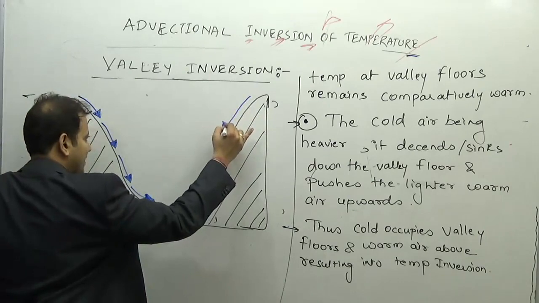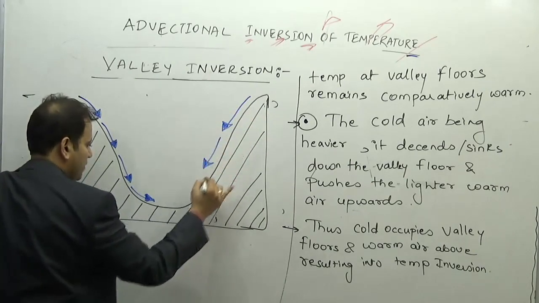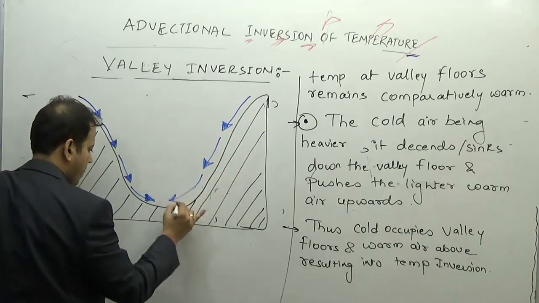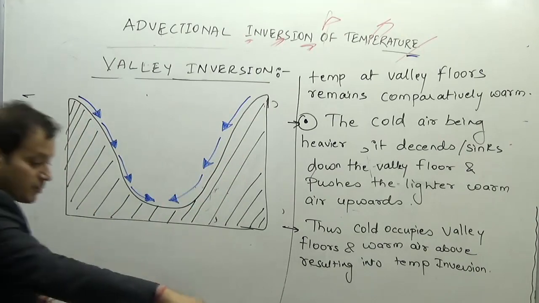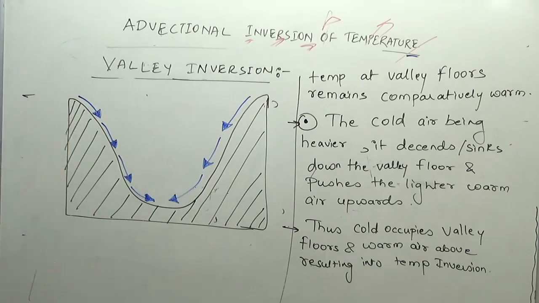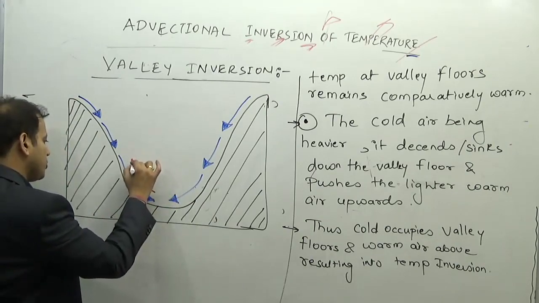It shows that there was cold air above and it is now flowing downwards, while the warm air is being pushed upwards.